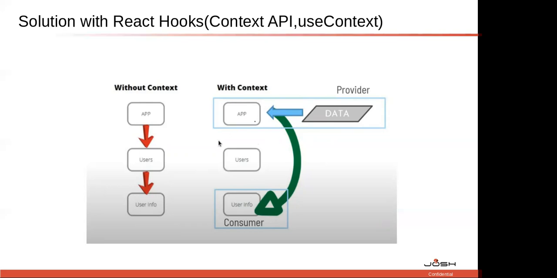Redux follows the same structure, but the Context API is in the React library itself, so we don't need any extra library. In Redux we need extra libraries: Redux as well as React Redux. These are the libraries we need while integrating it in our React app.